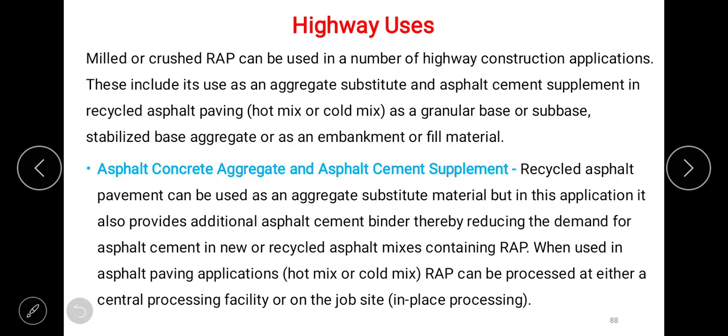What are the uses in highways? Milled or crushed RAP can be used in a number of highway construction applications.